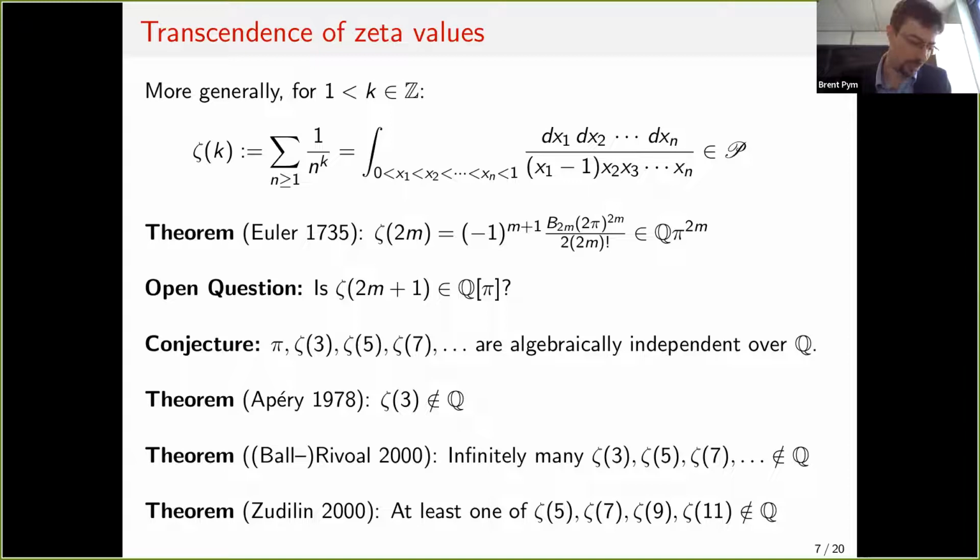And since then, I think there have maybe been some further results, but these are kind of the flavor of what's known about these so-called transcendence questions for zeta values. So these are considered very difficult problems.